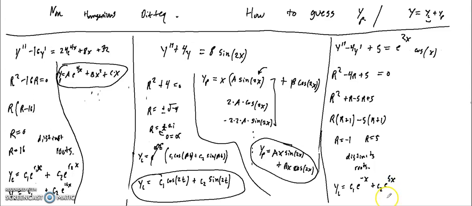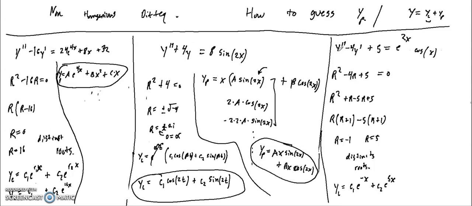Right? Let me just make sure I did this correctly. r squared minus 4r plus 5. 1 and 5, so negative 5, 1. I think I may have written down the example I was going to do wrong.